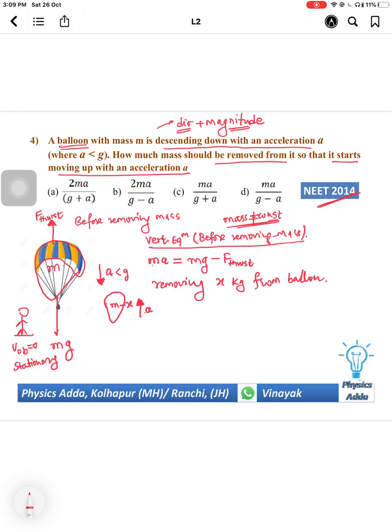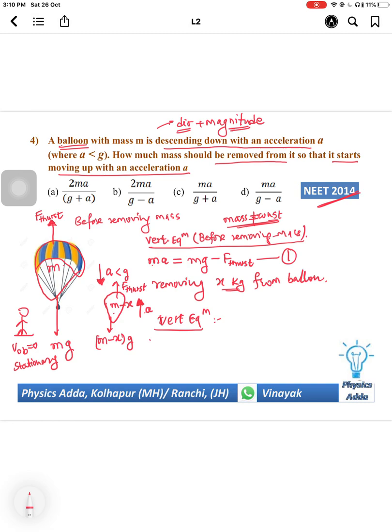Okay, so the downward force acting on the balloon after removing x kg will be (m minus x) into g, which is the weight of the balloon, and F thrust will act in the upward direction. So now, consider the earlier one as equation number 1.